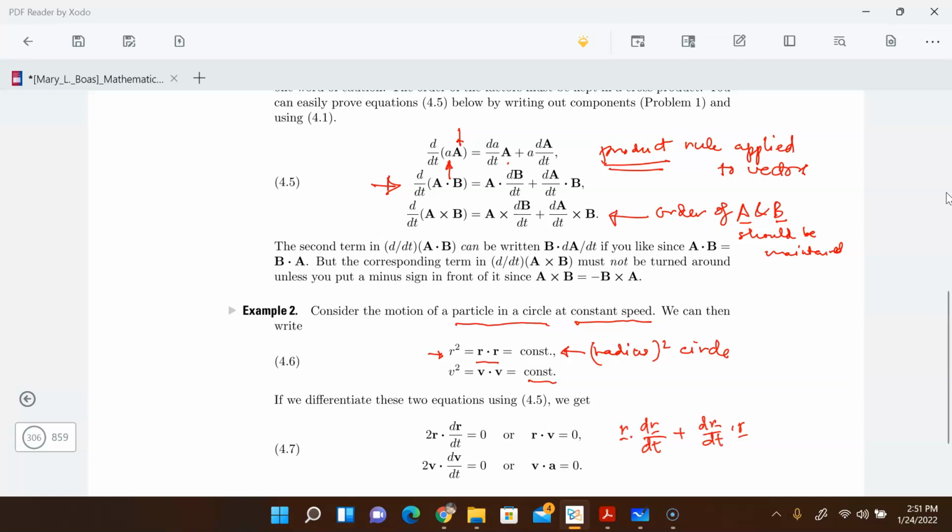But since a dot b equals b dot a, this simplifies to that. These are just the same thing. So you get, oops, what am I doing here?